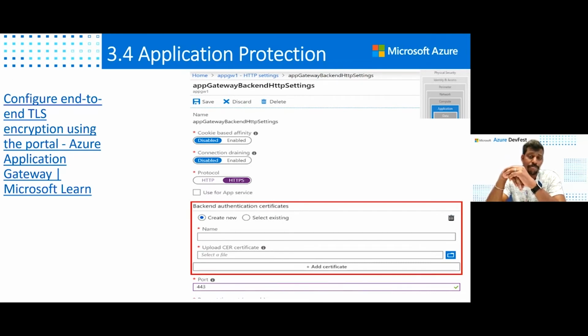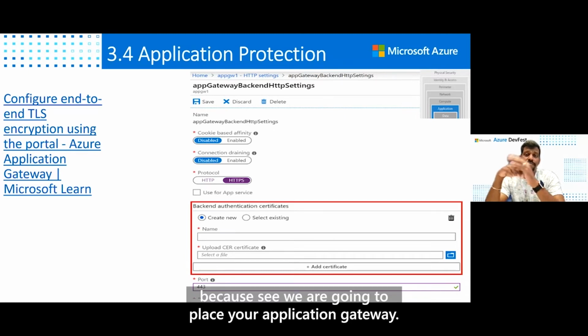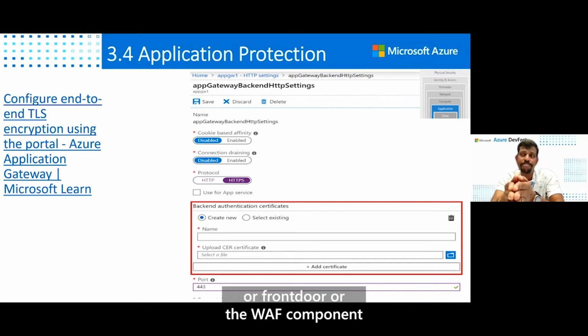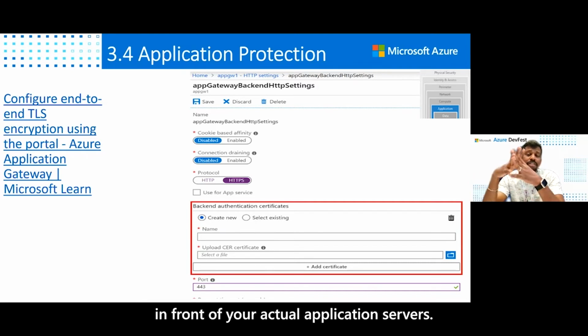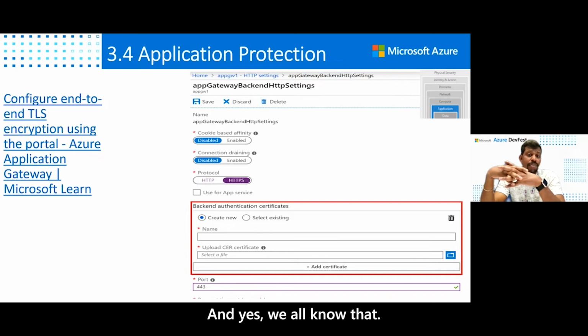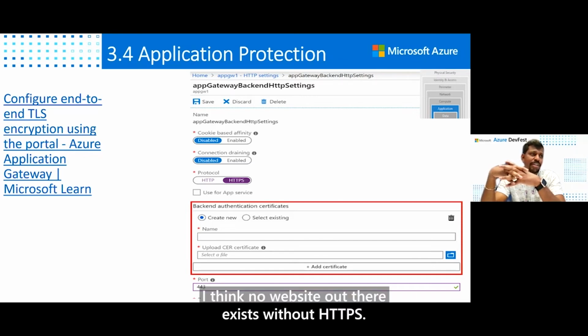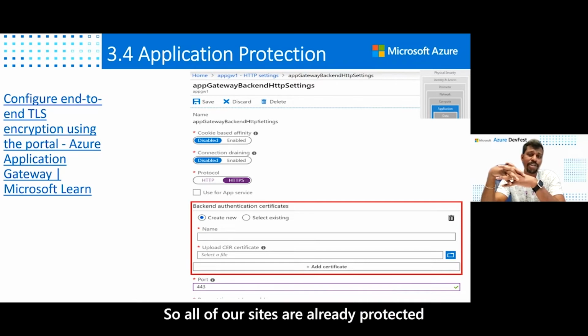The next one is application protection. If you want to ensure your application is protected end to end, you have to go ahead with SSL offloading, because we are going to place your application gateway, Front Door, or the WAF component between the users and your actual application servers. We all know that no website out there exists without HTTPS, so all our sites are already protected and TLS encrypted.